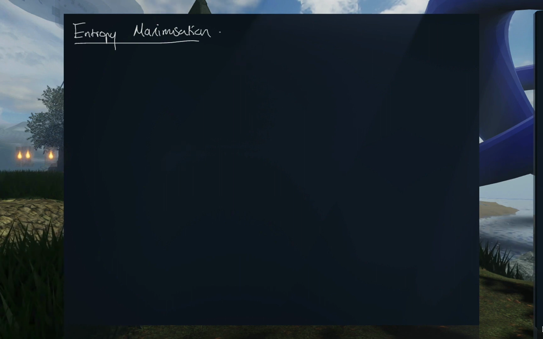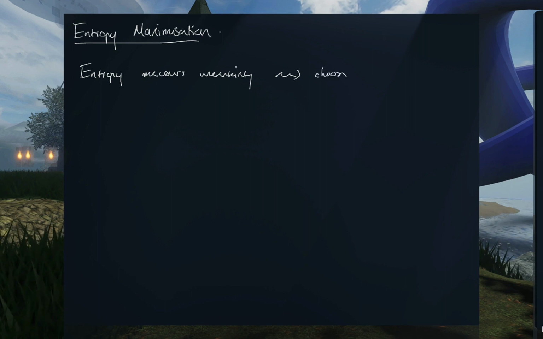So it's argued in Jaynes' very famous paper that since entropy is a measurement of uncertainty, we should choose the one which maximizes entropy.